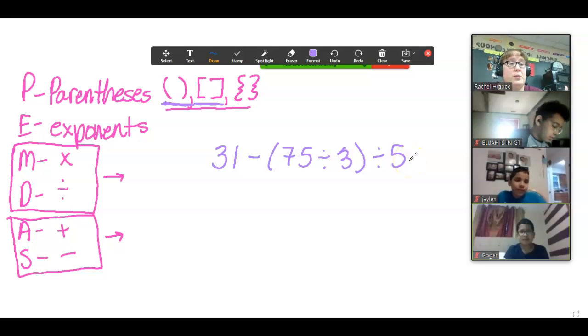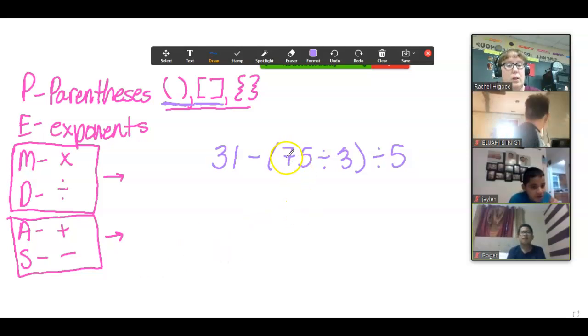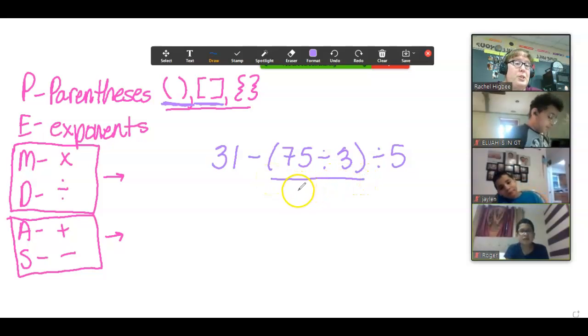All right, what do we always do first? We always do parentheses first, okay? Now, 75 divided by 3. I always try to get you guys to think about money, okay? So if you have 75 cents and you share that between 3 people, how much does everybody get?